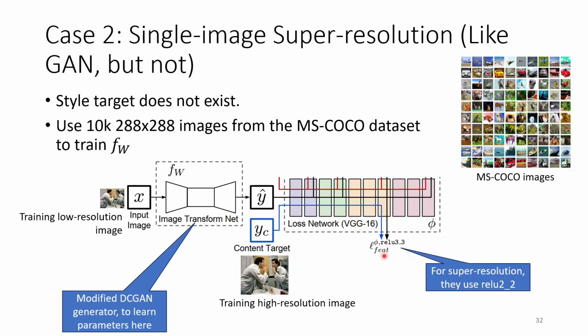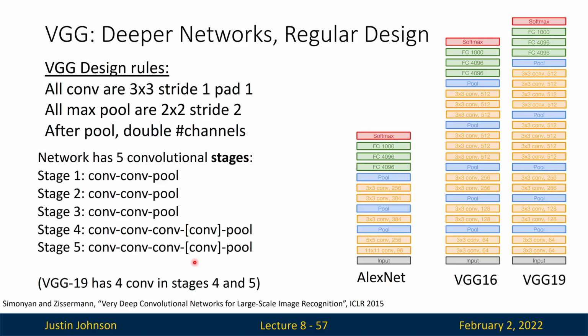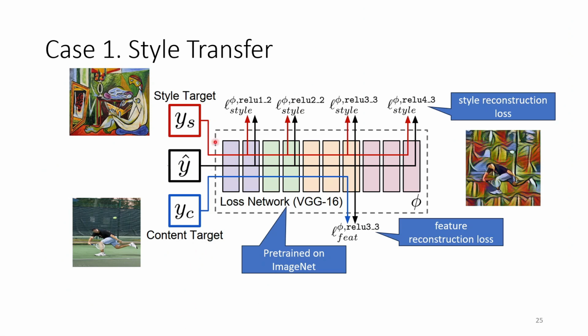Okay, so they use the same idea, but here they don't need to use the feature reconstruction loss anymore, because why? They want to preserve the same content and the same style. So they don't need this. There are several losses to preserve the style.